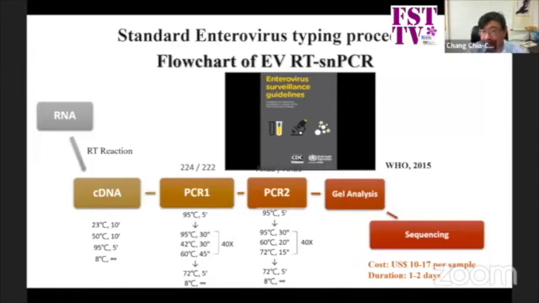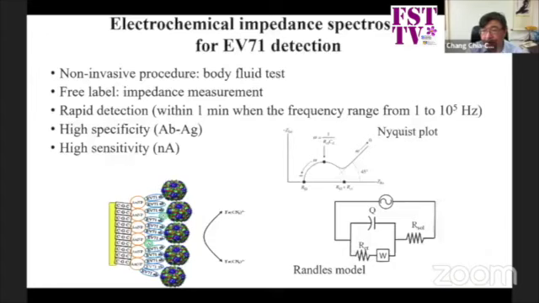So given the rapid development of EV71 cases, that is not good for the patient. That's why we started to collaborate with the CDC, and we try to detect EV71 through our electrochemical biosensor.